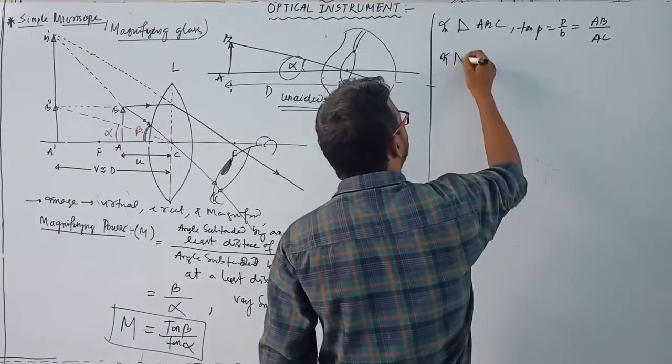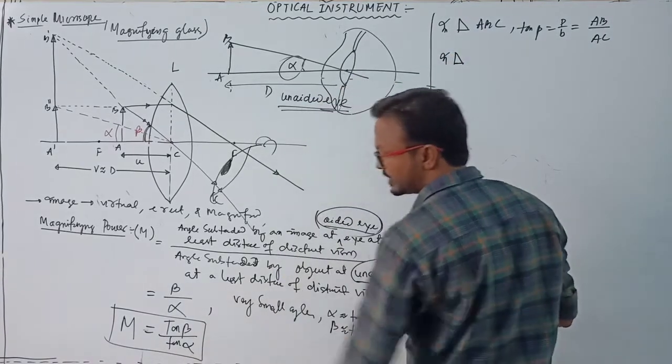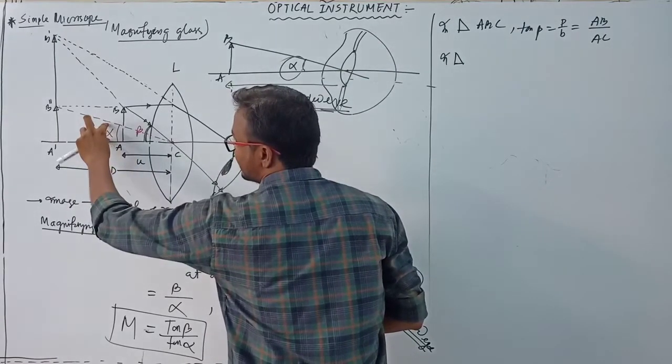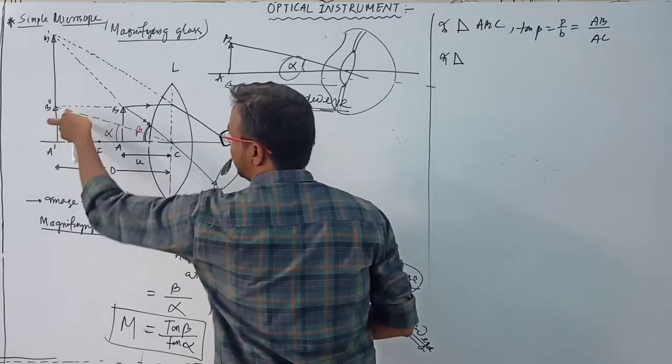Again in a right angle triangle, now we have to find the value of tan alpha, and this angle is alpha, with this the base angle, this the perpendicular and this the hypotenuse.